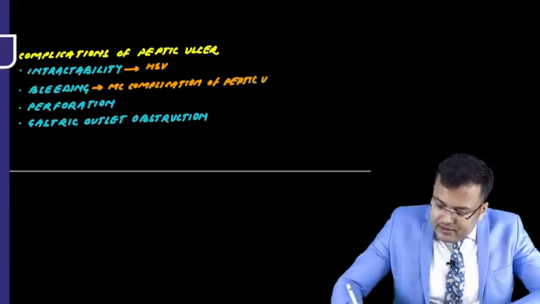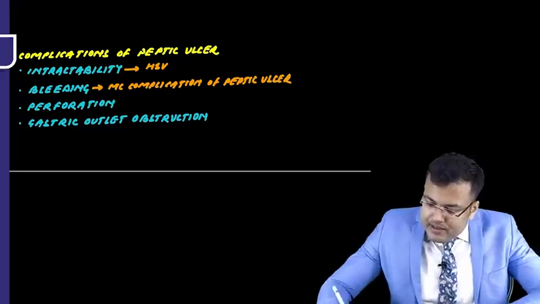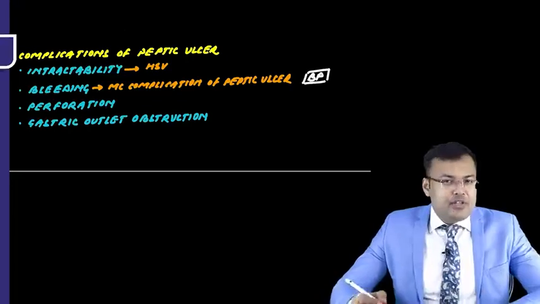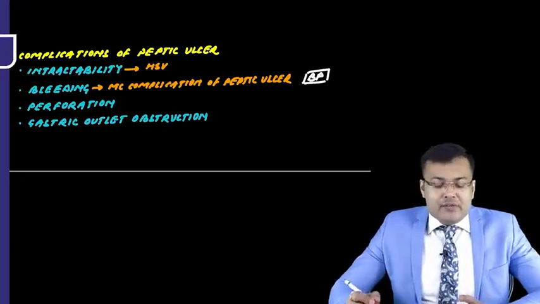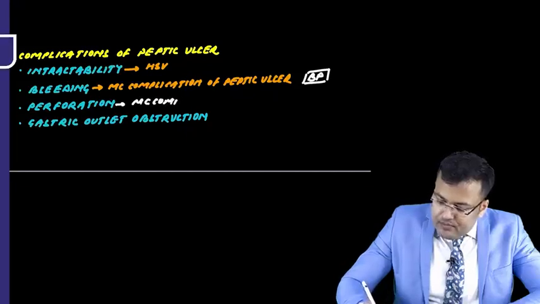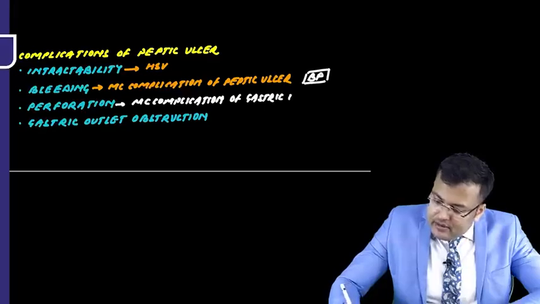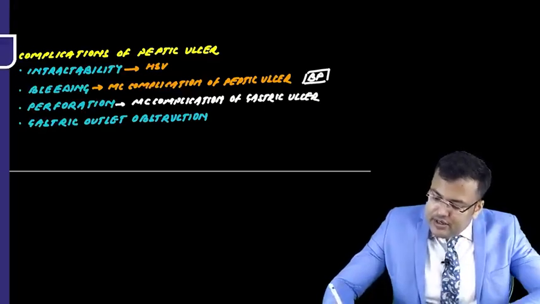Clear? So how to remember? This is BP. Bleeding is the most common complication of peptic ulcer. Perforation is the most common complication of gastric ulcer. So how to remember?